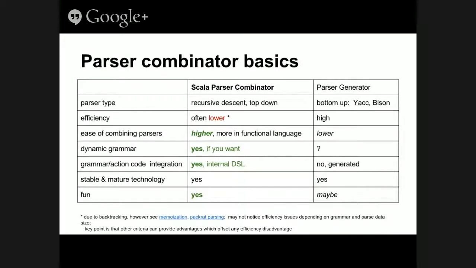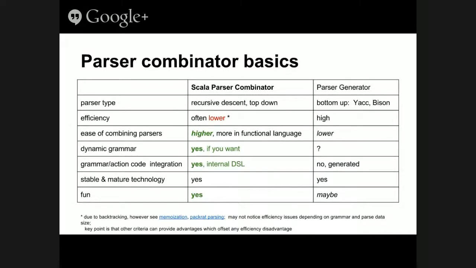All right. So a little bit more comparing parser combinators in Scala, maybe, with parser generator style of parsing. So I mentioned the parser type. This is top down versus bottom up.